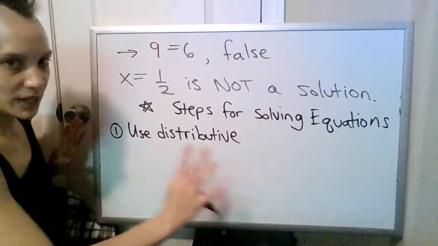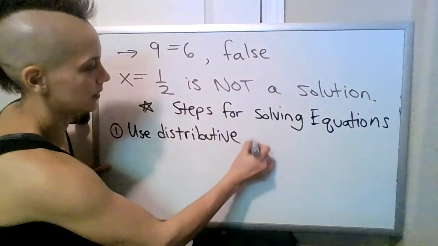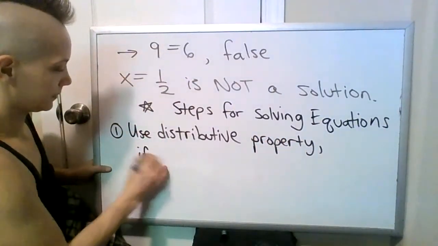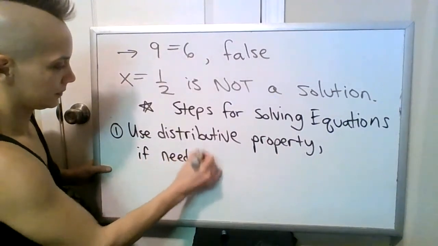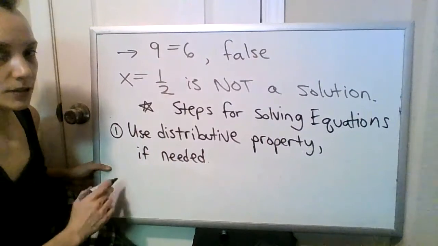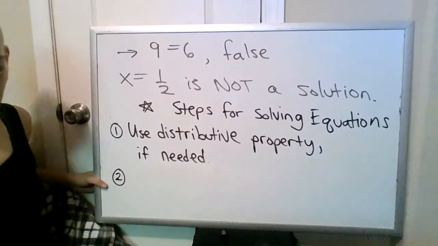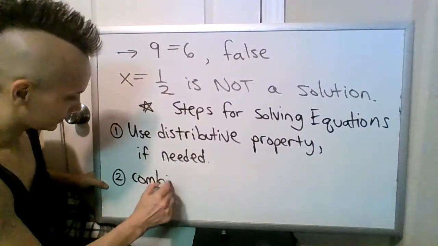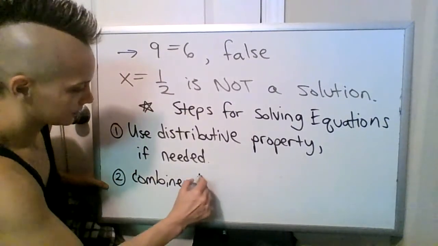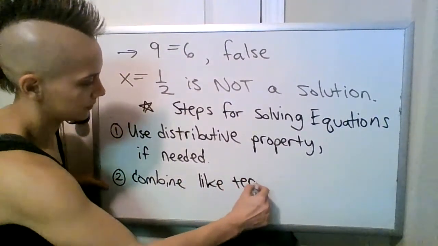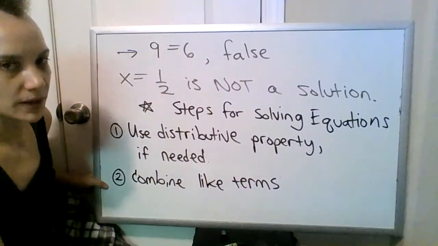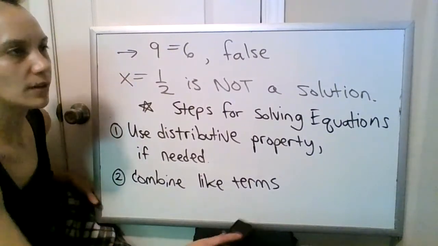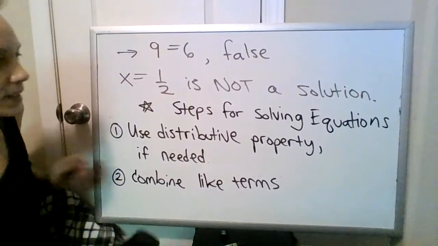So in a sense, you're going to expand the problem. Step 2: combine like terms. All the number values together, and if there are x values, put those together. If it's any variable, put all of the terms with that variable together.